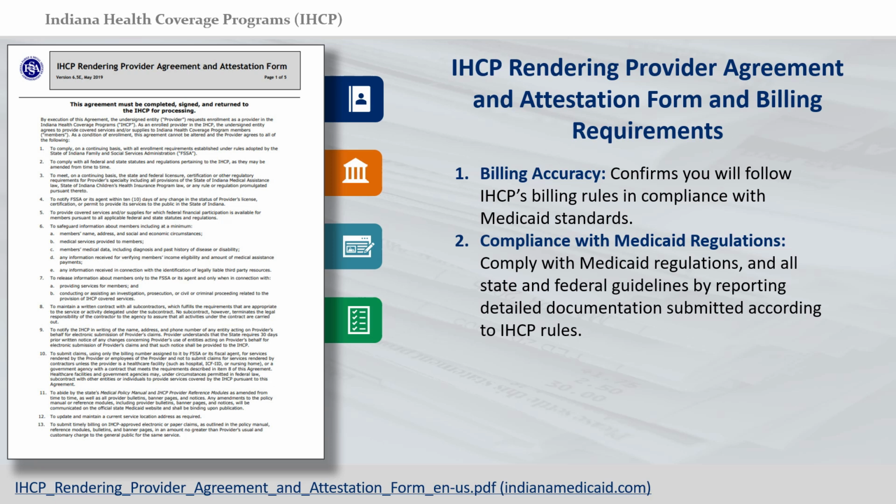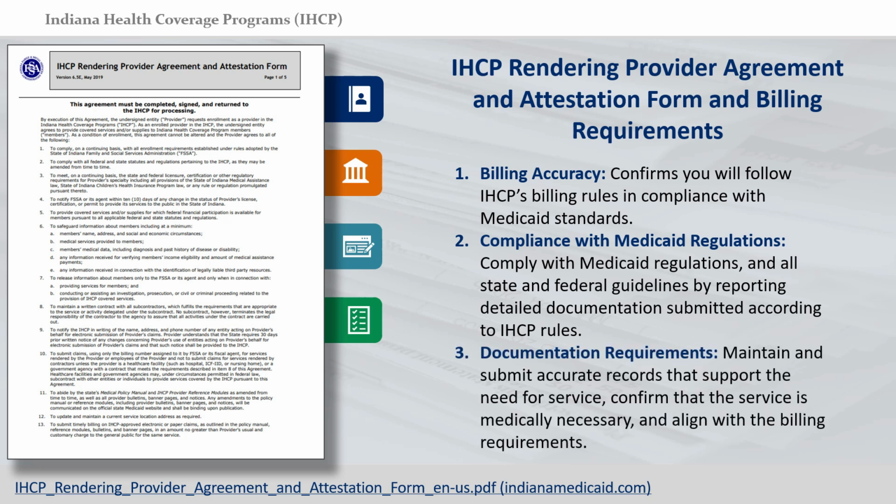These practices are directly tied to your attestation that all claims will be submitted according to IHCP rules. The Rendering Provider Agreement stipulates that providers must maintain and submit accurate records, including the rationale for treatment and progress updates. This helps ensure that the services are medically necessary and align with the billing requirements.